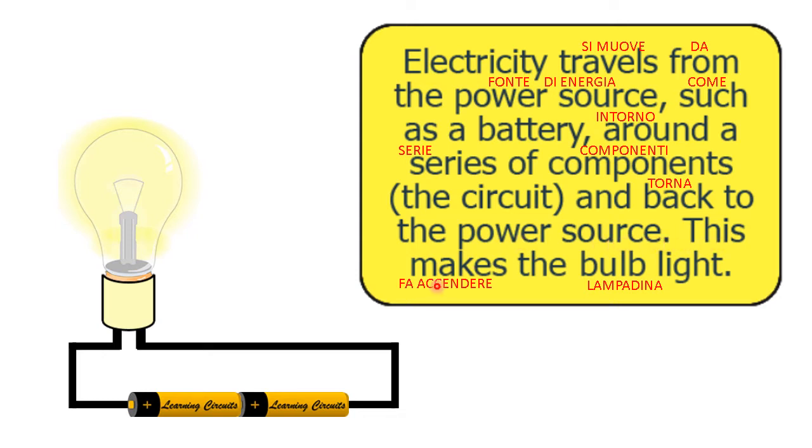This makes the bulb light. So the electricity goes from the power source around the circuit into the filament of the bulb, down the other side of the filament, in the wire into the positive side. This is a complete circuit.